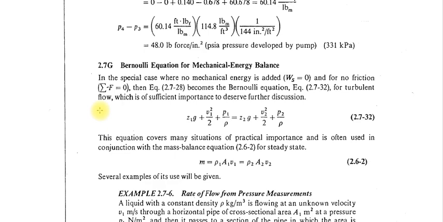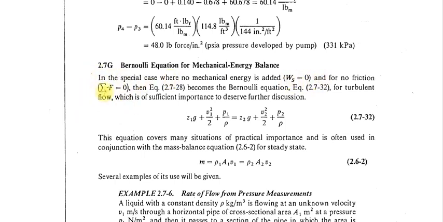And when you are not adding any mechanical energy from the surroundings, that means you are not using any pump or any turbine to add mechanical energy to the system or remove it from the system, then you can assume that Ws is also 0.